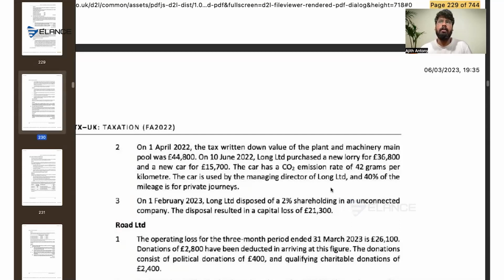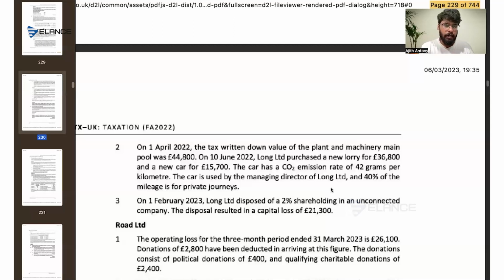That is exclusively if an owner of the trade is using a car privately, using any assets privately, that asset we will separately pool, as private use asset pools. So for the company's capital allowance computation, there will be no private use asset pools because there is no position in a company as owner.